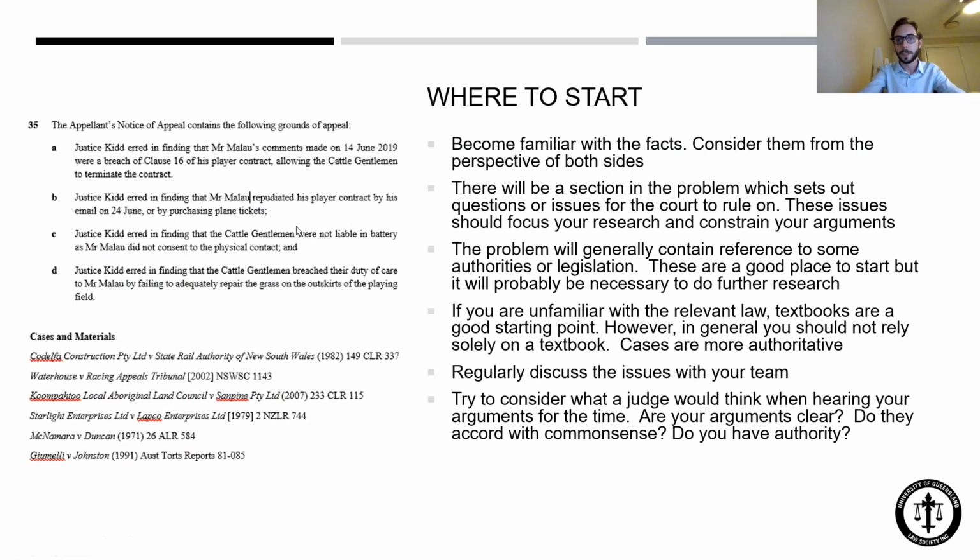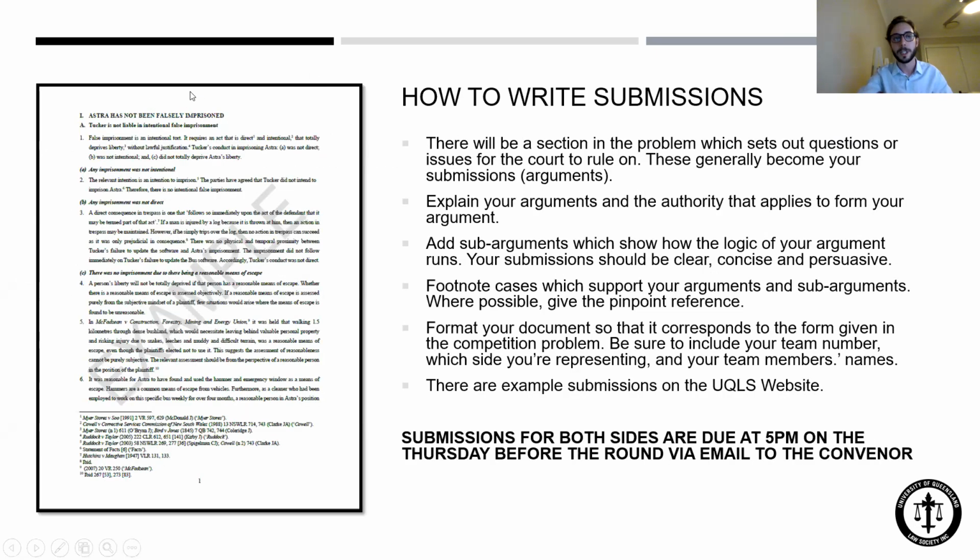So in effect, if I was doing this junior moot problem here, my submission Roman numeral 1 would be basically just the text of this paragraph 35A. So Mr. Myers' comments made on 14 June 2019 were a breach of clause 19 of his player contract, allowing the cattle gentleman to terminate the contract. And that would be the equivalent of your point 1 right at the beginning.